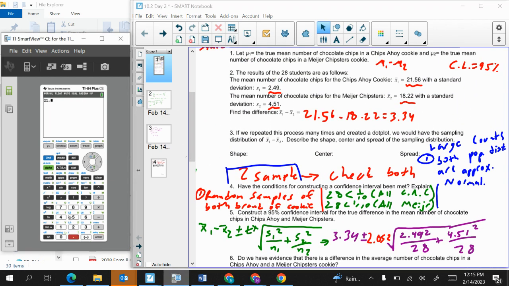X1 is 21.56, 2.49 and 28. Next one is 18.22, 4.51 and 28. We want a 95.